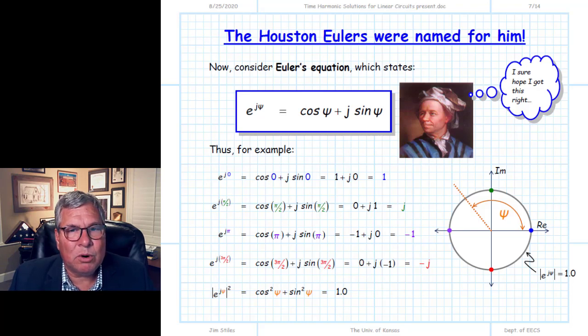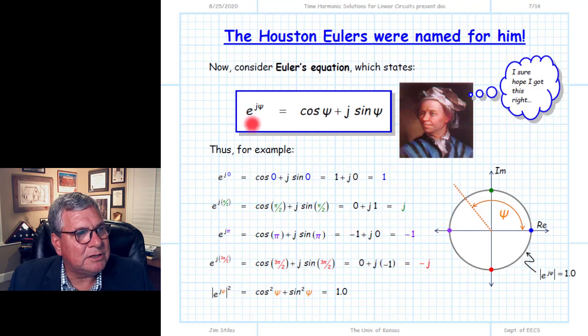Let's do a little more highfalutin math here and move into the realm of complex numbers. At first, this may not seem like it has anything to do with what we're studying, but we'll find that, in fact, it is very important to the concept of sinusoids. And so we look at the concept of Euler's equation.